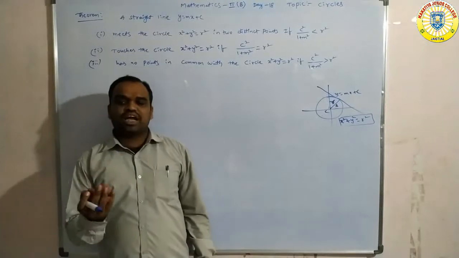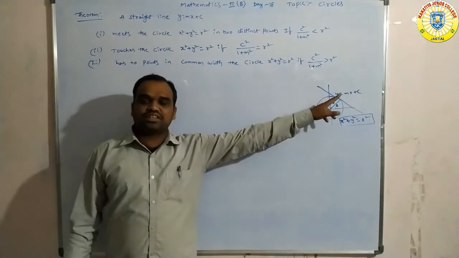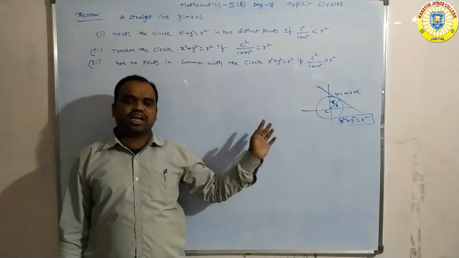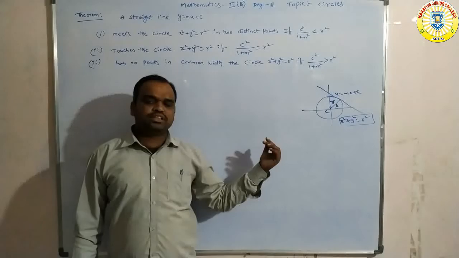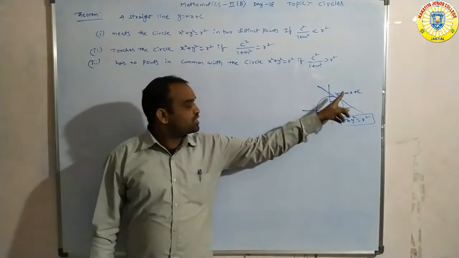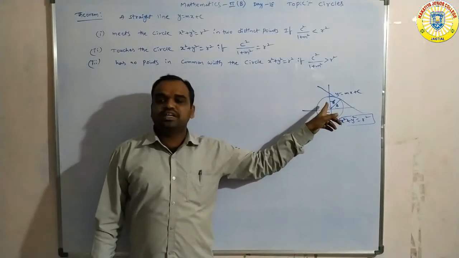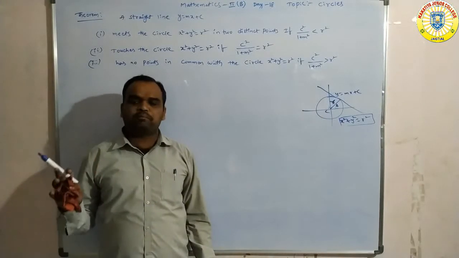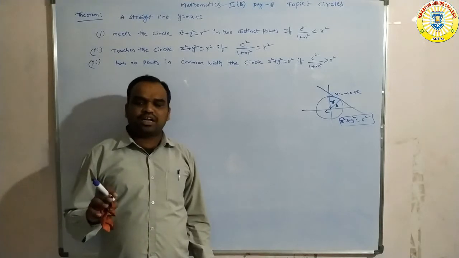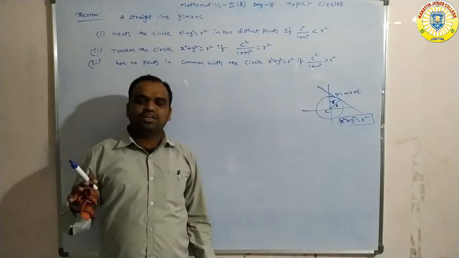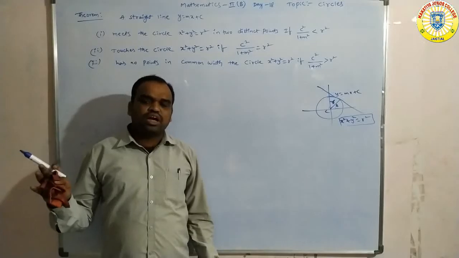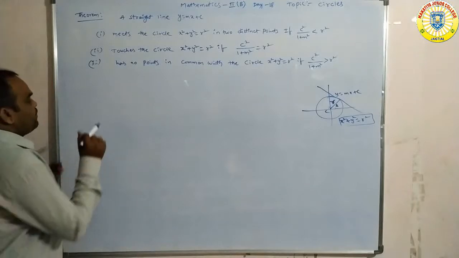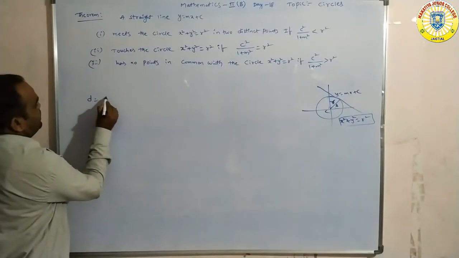Whether the distance is less than, equal to, or greater than its radius depends on the distance from the center of the circle to the line, depending on its radius.